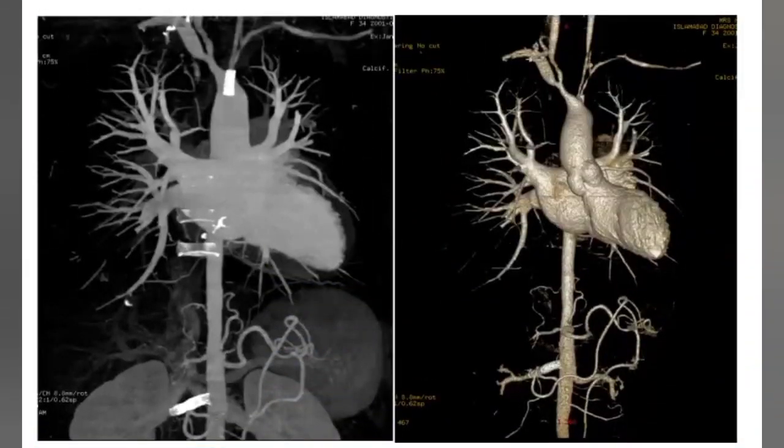I am provided with the coronal reformatted images of the CT angiography showing the great vessels of the heart with its branches and 3D reformatted image. And I can well appreciate that the catheter is placed in the arch of the aorta.